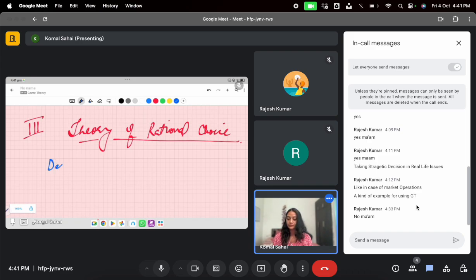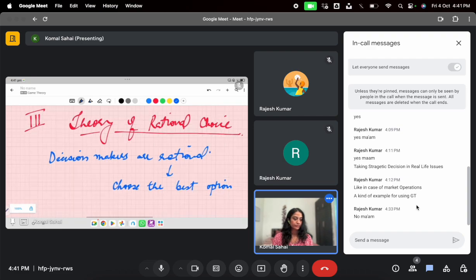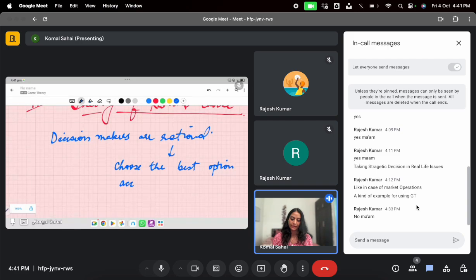So decision makers are rational, and this rational essentially implies that all decision makers choose the best option according to their preferences. ठीक है ना?